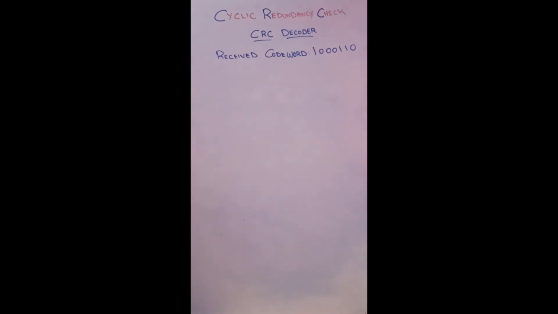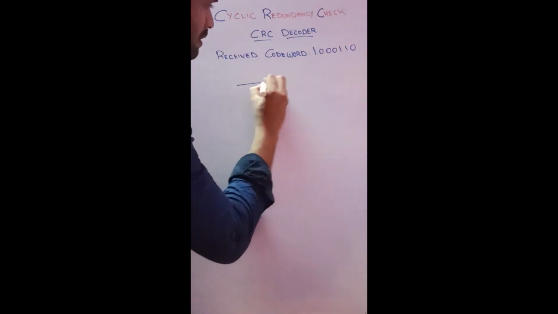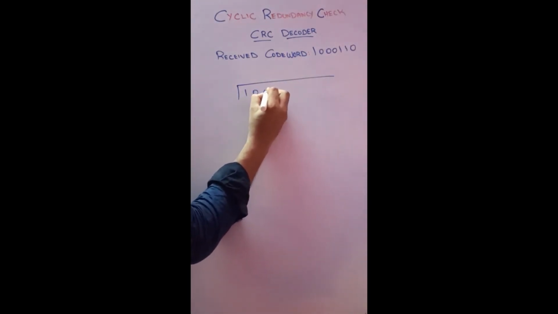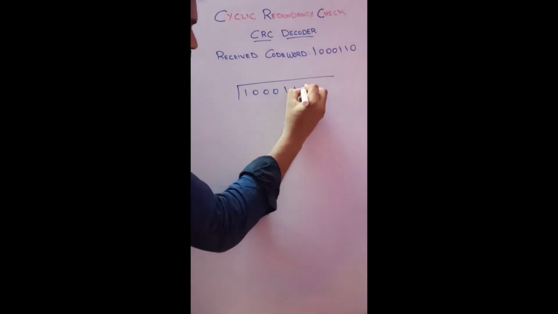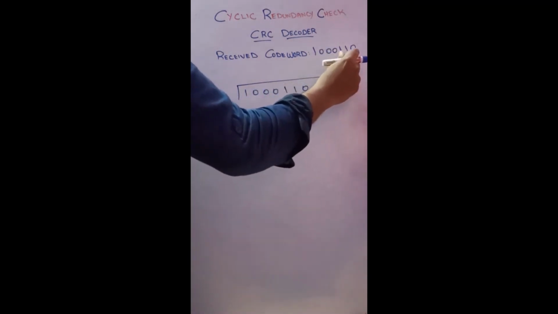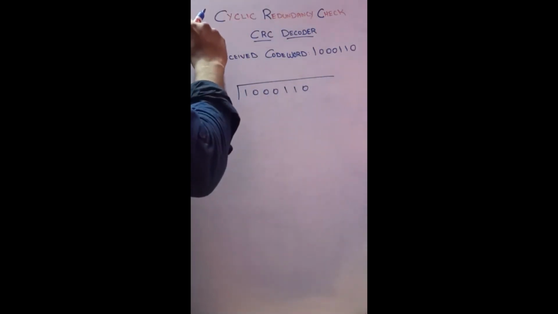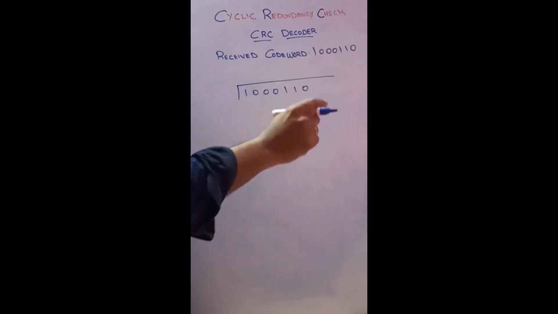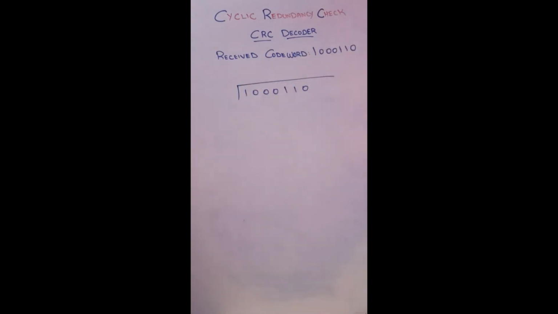Okay, the received code word is 1000110. I hope you remember that this 110 was the 3 bits augmented with the data word during the transmission. This 110 is actually the remainder of the CRC encoding process, which was augmented along with the original data word.